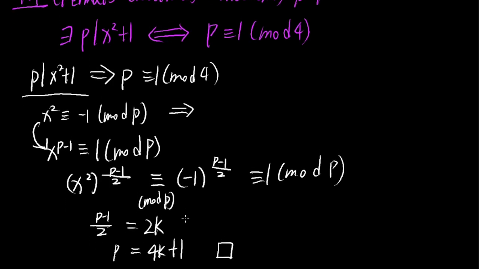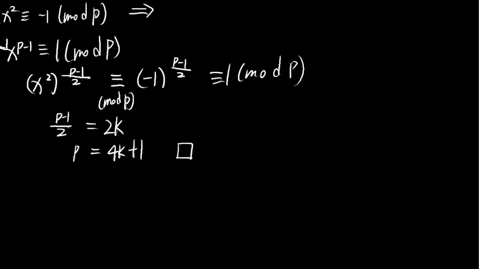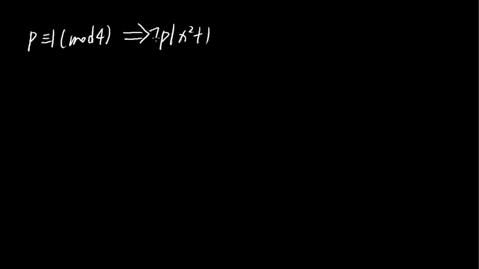And the other side: we need to show that when p is congruent to 1 mod 4, we can deduce that there exists some x such that p divides x squared plus 1.